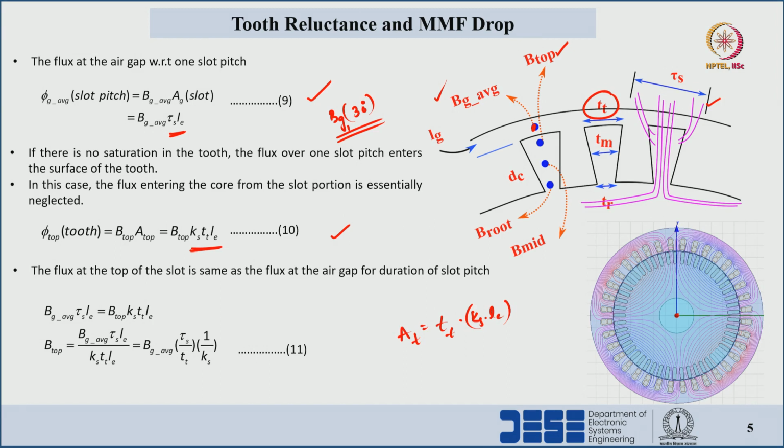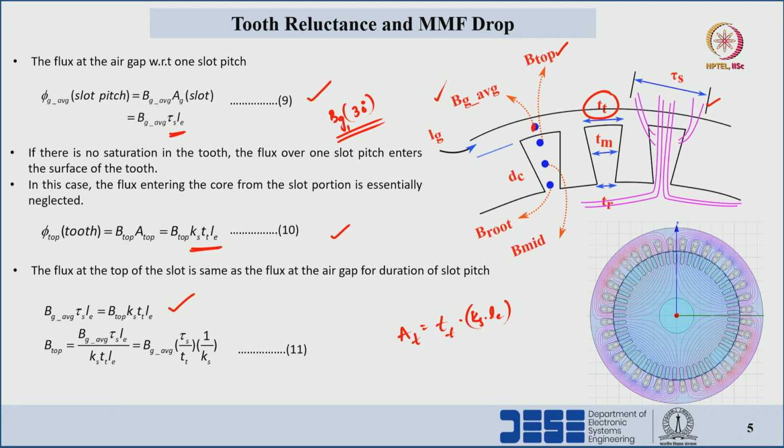Next, the flux with respect to the air gap and with respect to the top side of the tooth, if we consider them the same under the condition where there is no saturation, then this equation we can rewrite based upon equations 9 and 10.